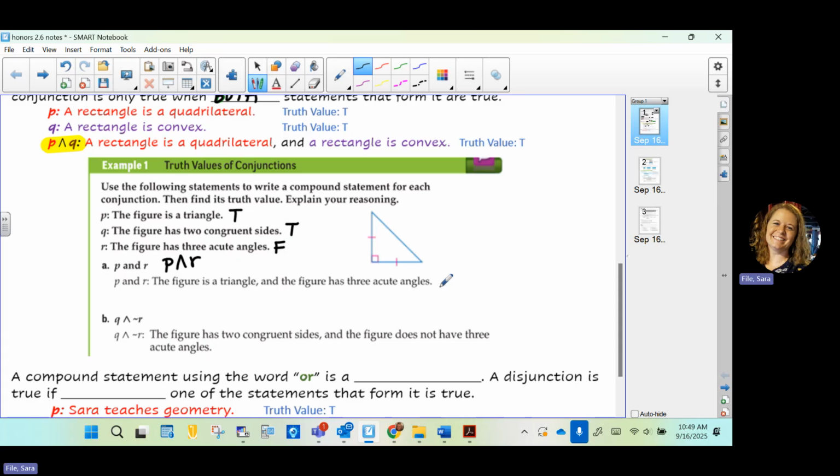The P was true, but the R was false, wasn't it? So if one of them is false, what's the conjunction? False. So this conjunction is false. Okay, now B, how would I read this, do you think?